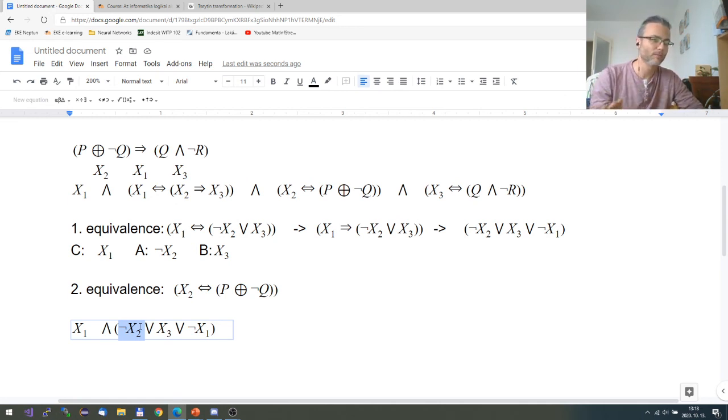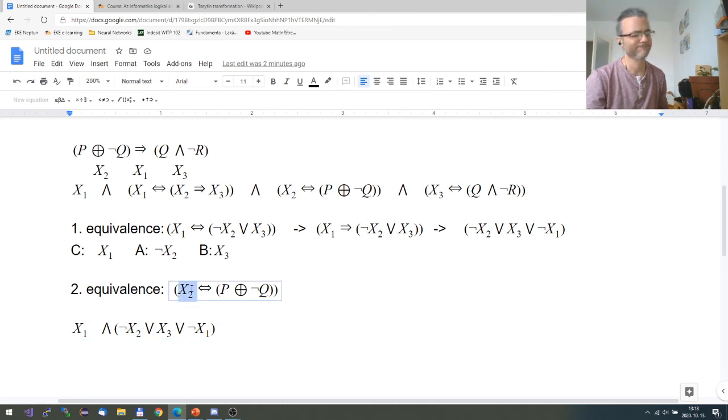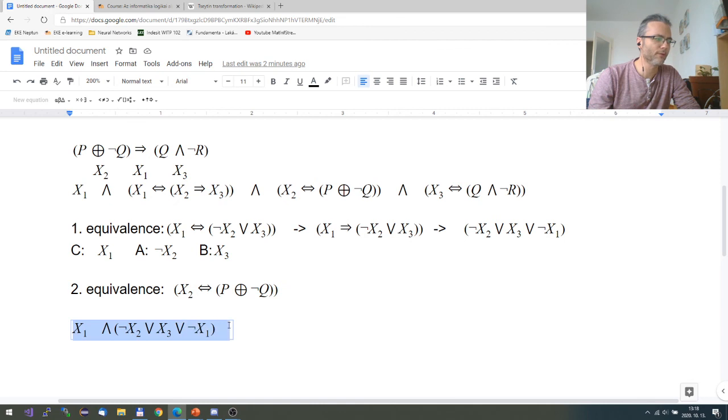There are no other occurrences, only negative occurrences. Okay, do you get it? Yes. So x2 appears in the formula so far only in a negative form.